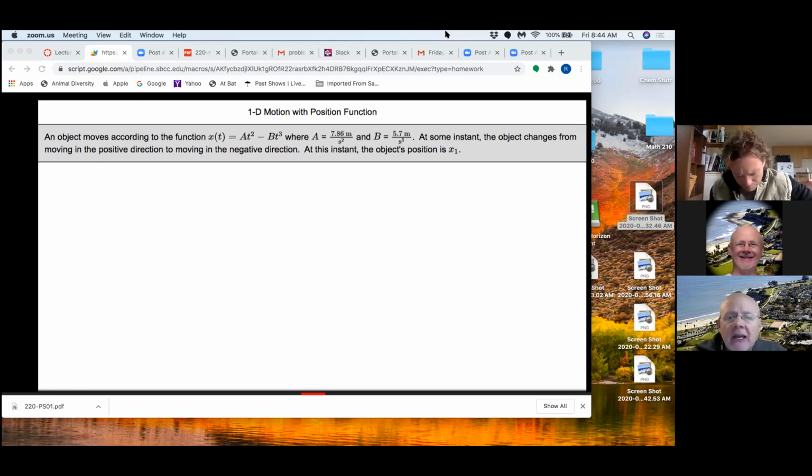So what I was getting at is that, like I said, your gut is telling you something about a derivative, and that's the key here. Here's how I read it. It says, at some point, the object changes from moving in the positive direction to the negative direction. That phrase, moving in a direction, is really the velocity.